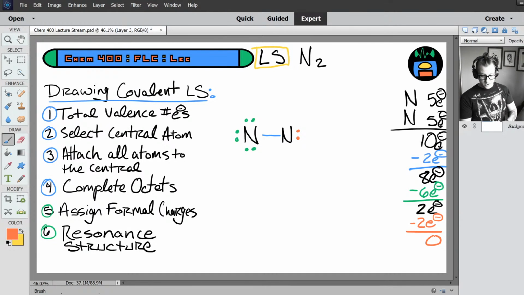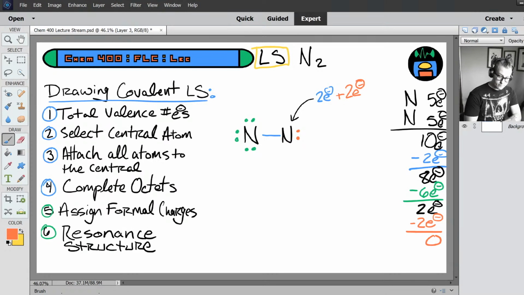Now, this nitrogen has 2 electrons in the bond plus 2 electrons in its lone pair, but we know it wants 8. We are missing 4 electrons.